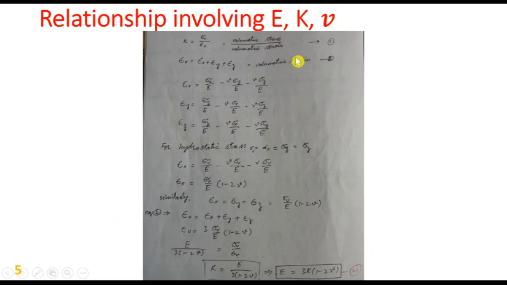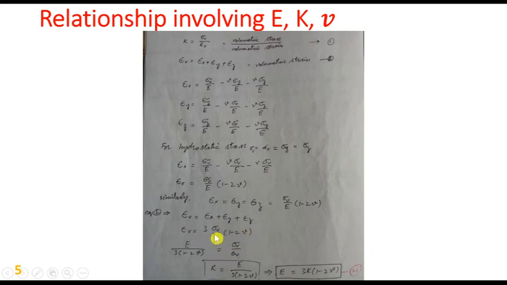From this equation, epsilon v is equal to epsilon x plus epsilon y plus epsilon z. When you put in the values, adding these, it will be thrice, because there are 3 common strains. So epsilon v is equal to 3 into sigma v over E into 1 minus 2 mu.